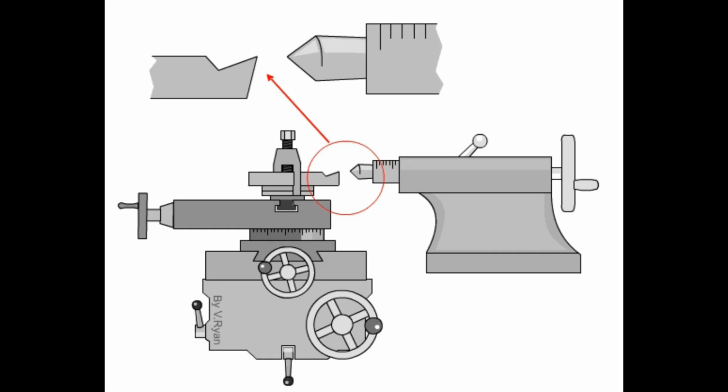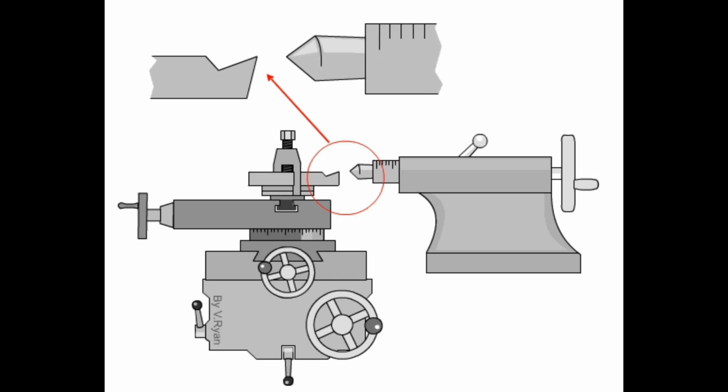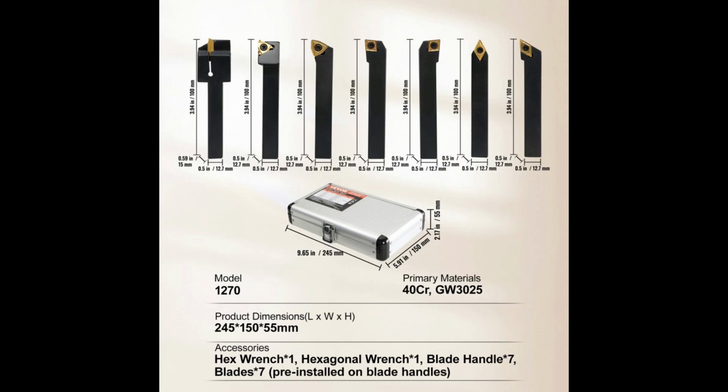It is vital that all tools are set at center height. The easiest way to do this is using the point on the center mounted in the tailstock to visually set the tool height. With tungsten carbide tipped tools, sometimes called indexable tools, there are two main types of knife tool.